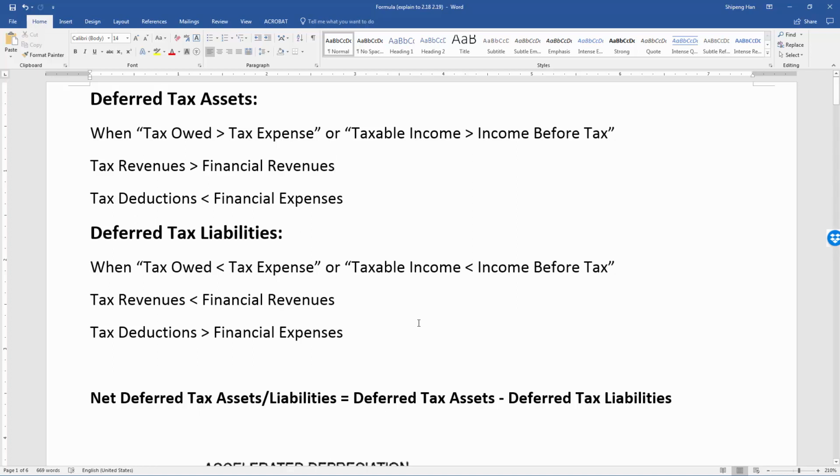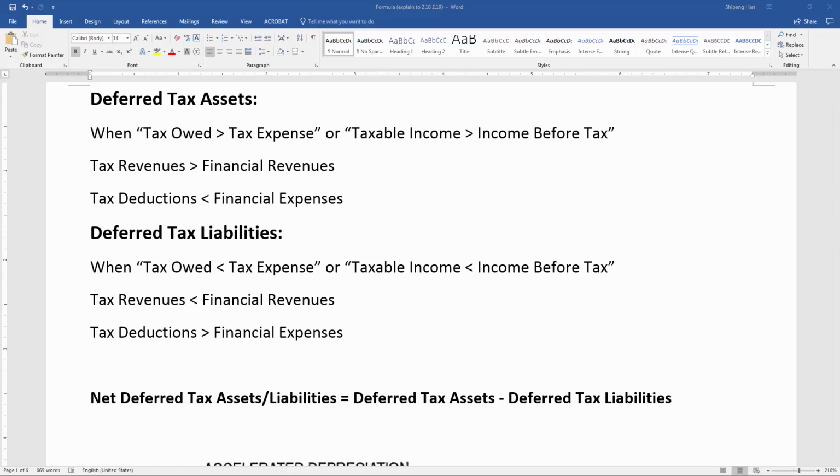In the company's tax footnote, you can always see a net deferred tax, which can be either assets or liabilities, depending on which one is greater. So the company always shows the net amount between deferred tax assets and deferred tax liabilities.